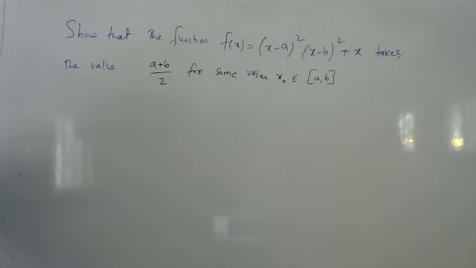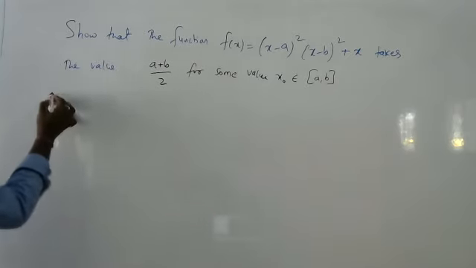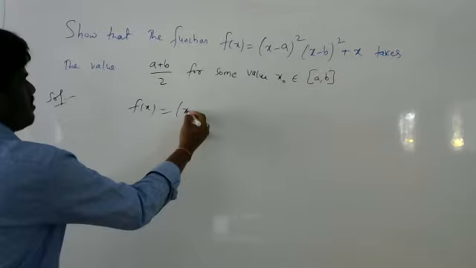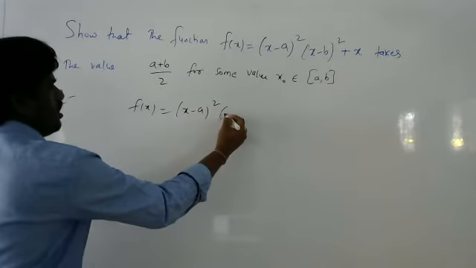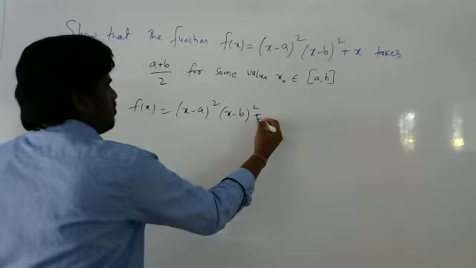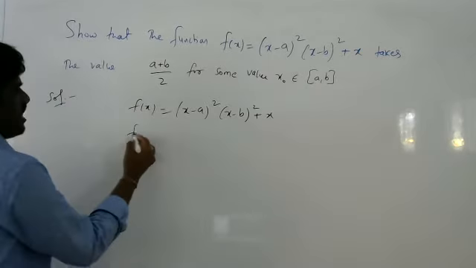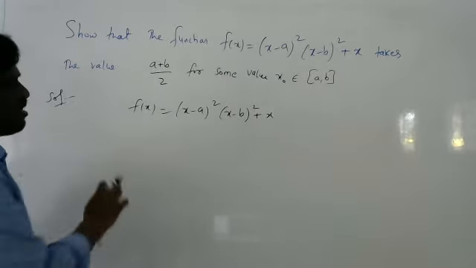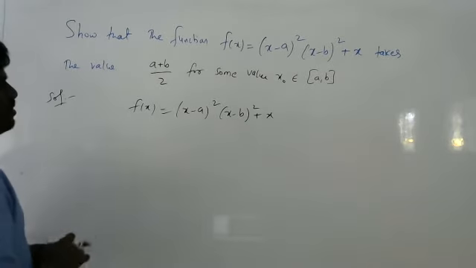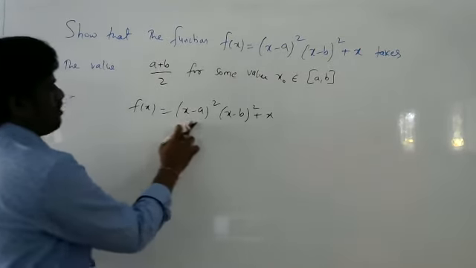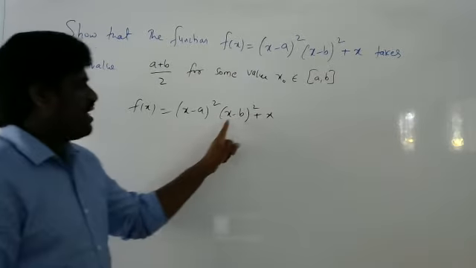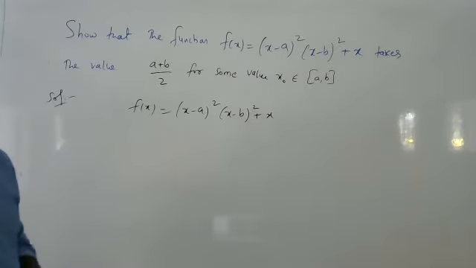Let me explain this question. It is a very simple question. f of x is equal to x minus a whole square into x minus b whole square plus x. What you have to see here is whether this function is continuous or not. x minus a whole square is a polynomial function, x minus b whole square is a polynomial function, and x is also a polynomial function.